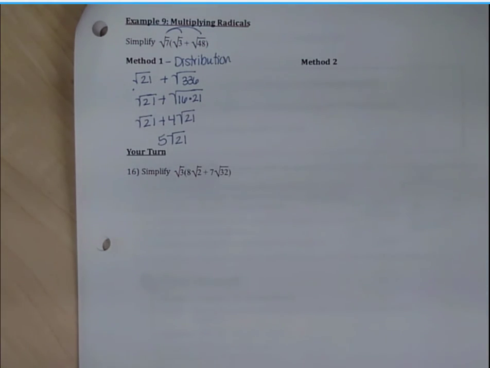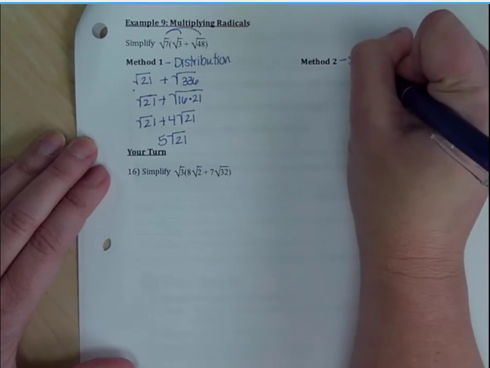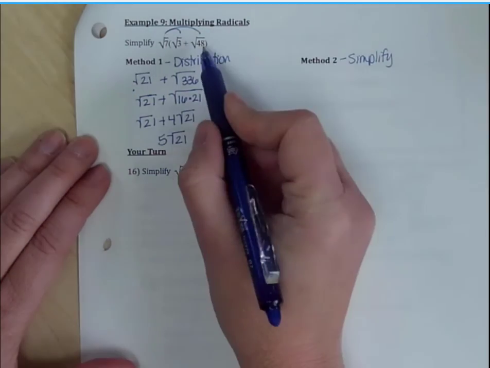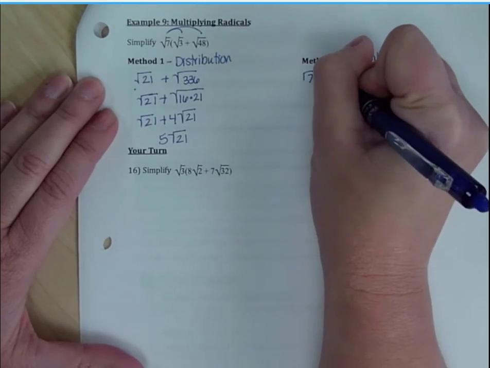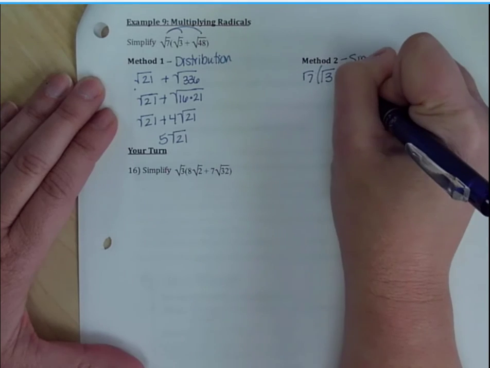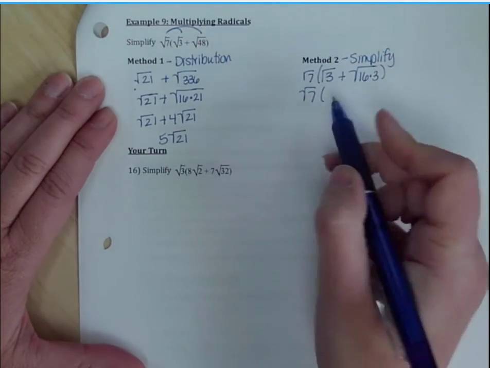Now, the other way to do this is to simplify first. So what I'm going to do is take a look at this 48. So I have the square root of 7 times the quantity square root of 3 plus, now I know 48 is 16 times 3, so at this point, I'm just rewriting it.